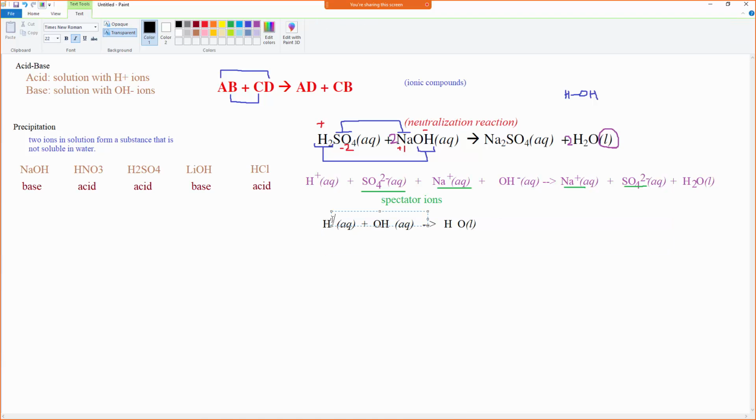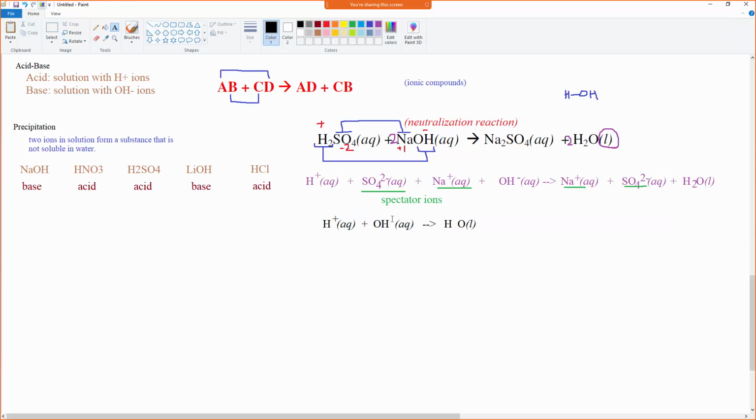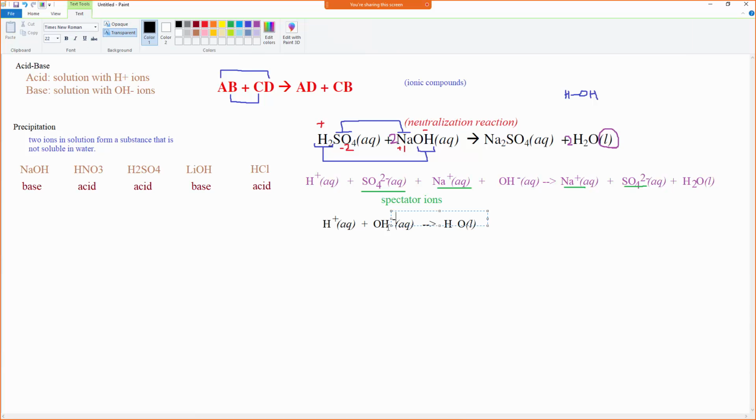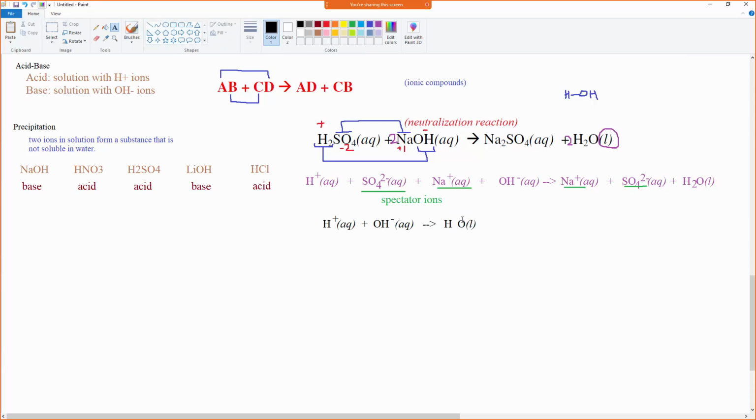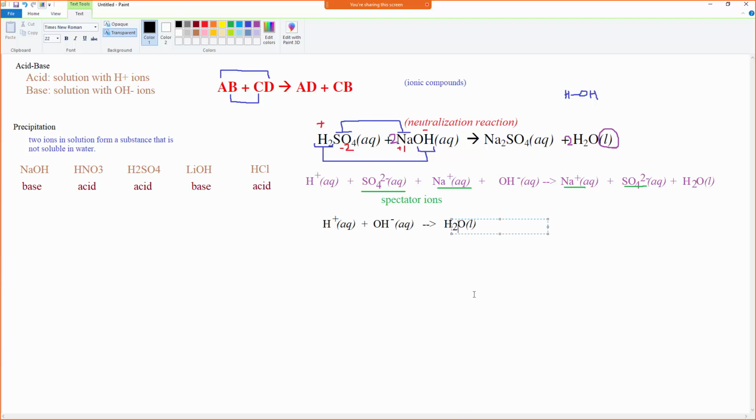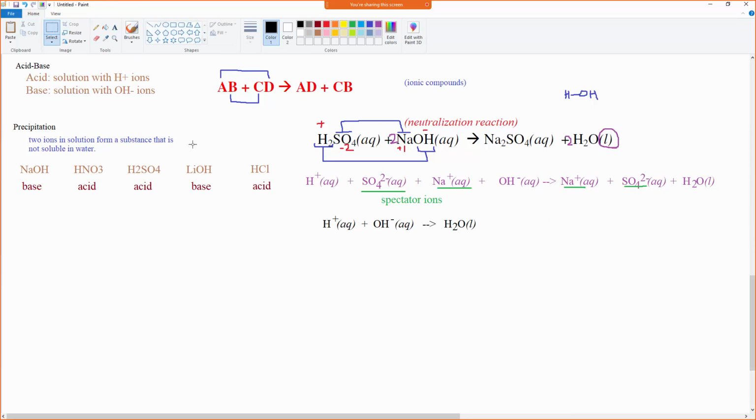That's it. That's my net ionic equation. Now, we could balance it, right? 2 plus 2 makes 2. Don't really need to, it's balanced as is, right? Because you would have 2 of each, and that would reduce down to 1.